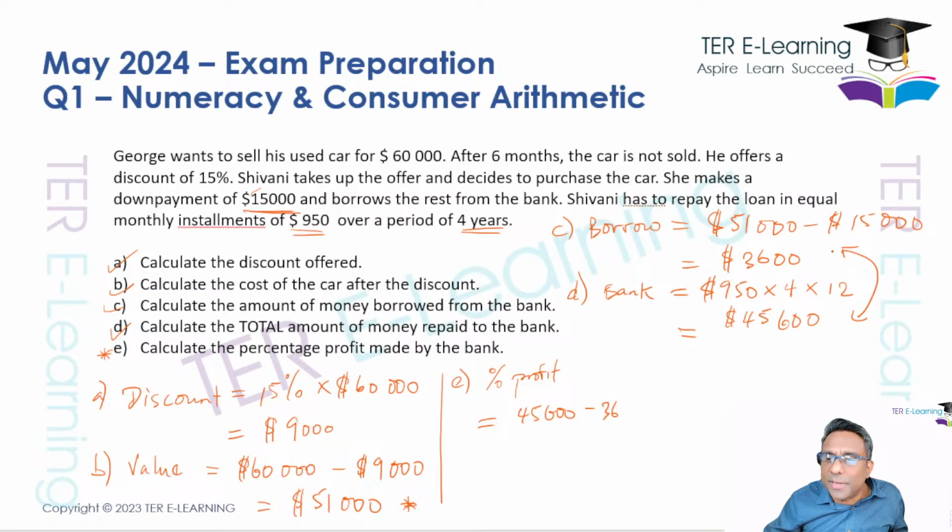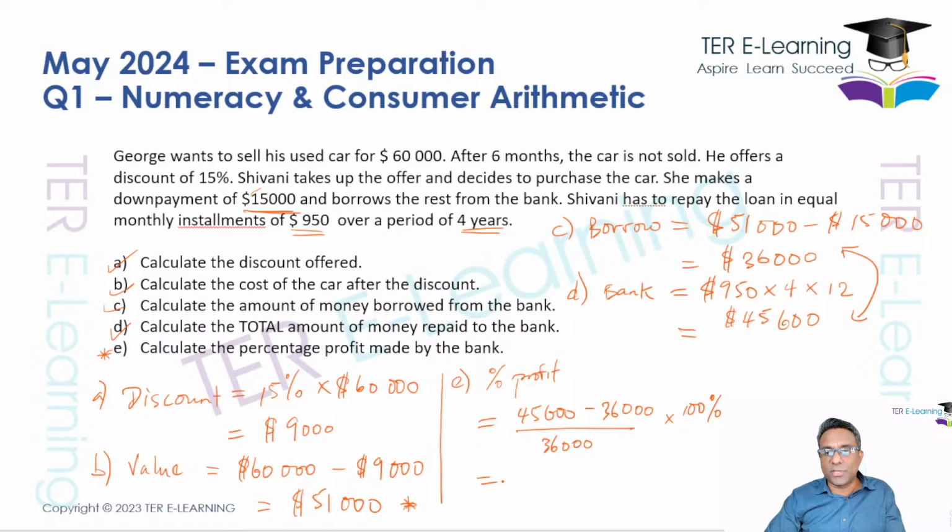No, wait, just now. I feel I missed out a zero here. This should have been 36,000. So that's 45,600 minus 36,000. That's going to be the profit. And when you find the percentage profit, you have to put it over the original amount. So the original amount borrowed is 36,000, and then we multiply that by 100%.